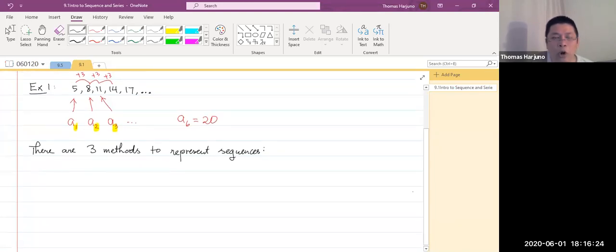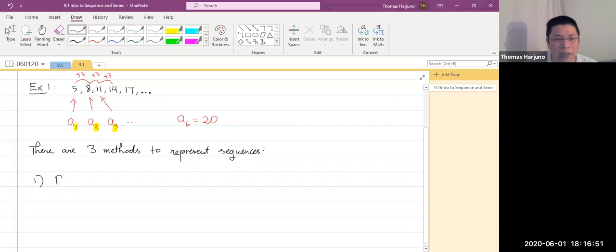I said it almost wrong earlier. I was about to say there are 3 methods to represent a sequence, but that's not a really nice way to say it. Some sequences are better done in one method than the other. There are some sequences for which you cannot use one of these methods. But let me first describe what these 3 methods are.